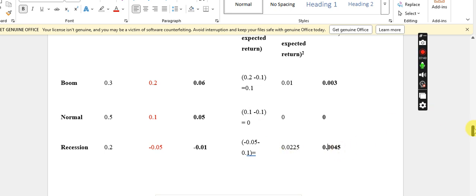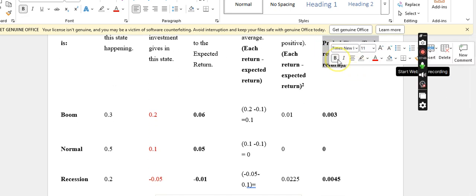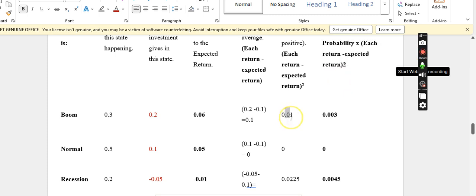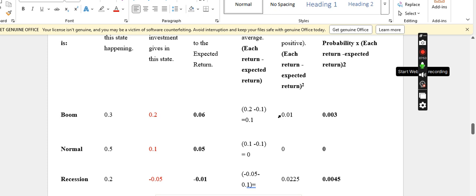Each probability, you're multiplying it by the squared return minus expected return. Any questions?